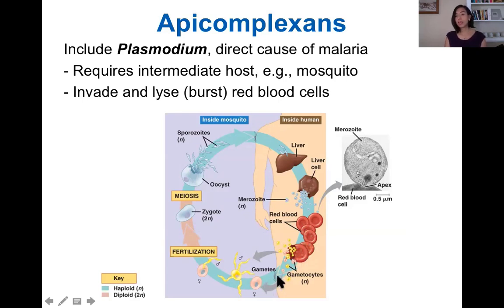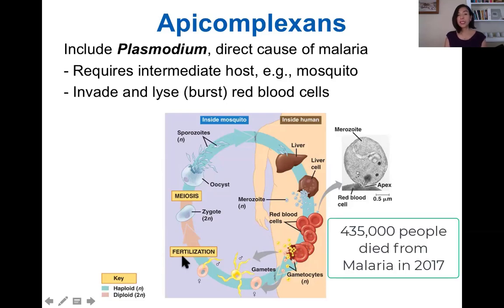When we get another bite from a mosquito, that mosquito can carry the gametocytes that were created in our own body. So it's a very tough disease. Thousands of people die every year.